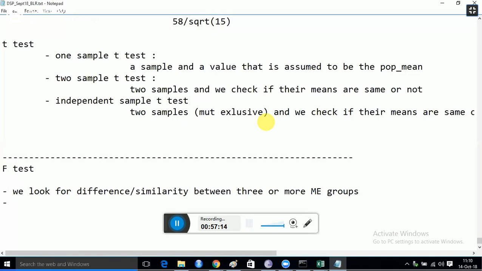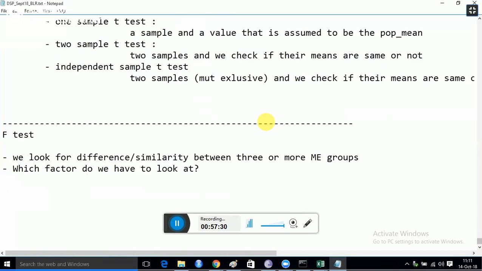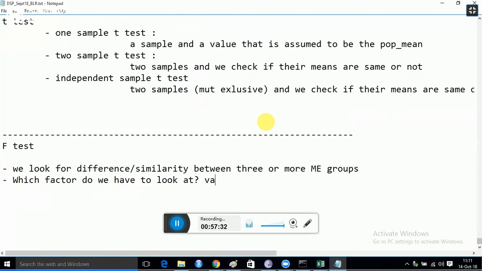How do we do it? Which factor do we have to look at? Can anyone answer this? Are we looking at mean? No, we are looking at variance. Clear? Now, how do you define the null hypothesis of your F-test? I already defined it, but still.